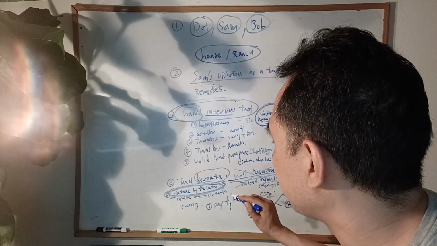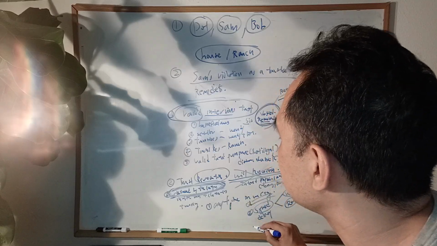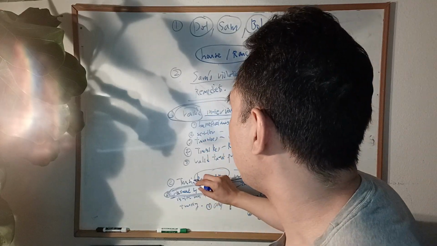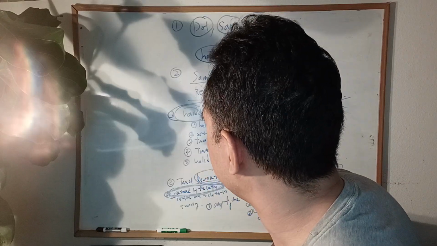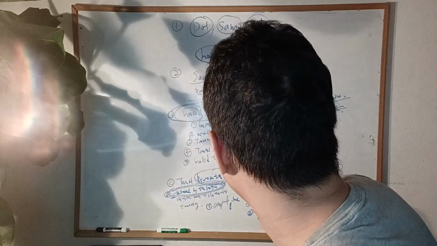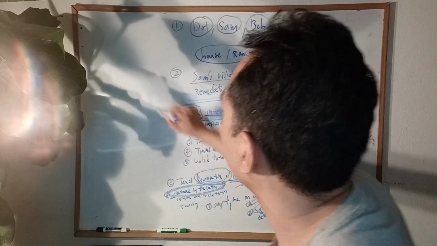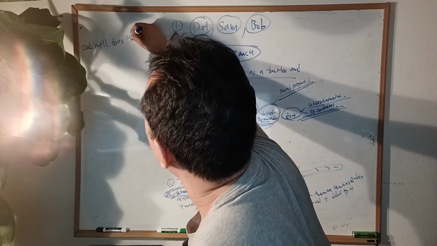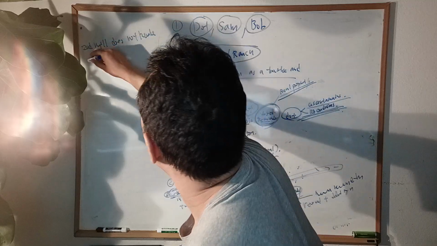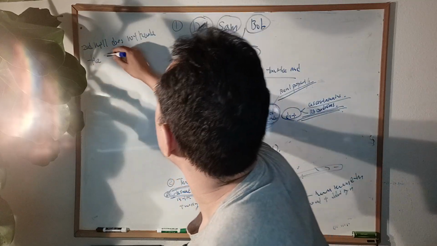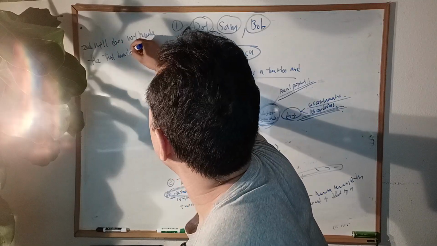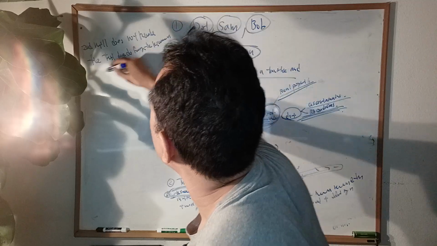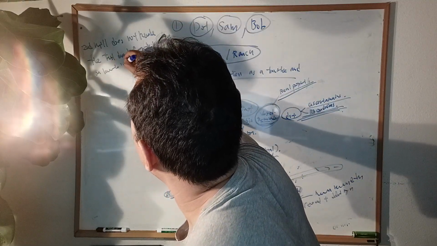Obviously, this revocation attempt is not valid. So, number two, we can say that the second will does not revoke the trust due to failing the requirements on how to revoke, right?